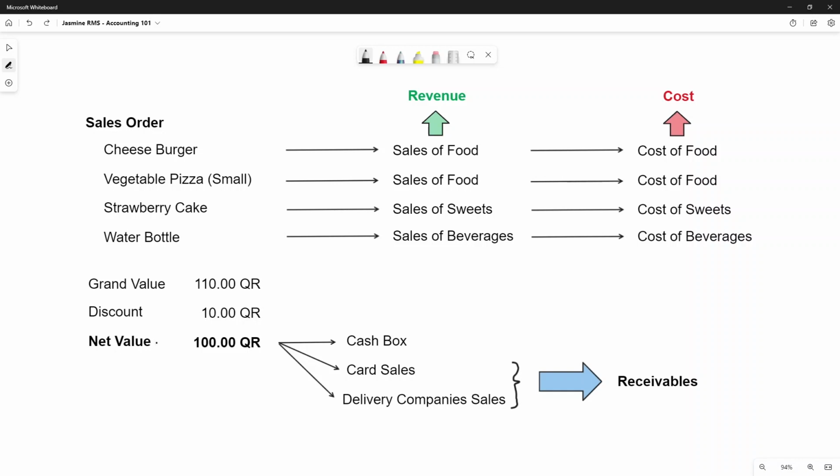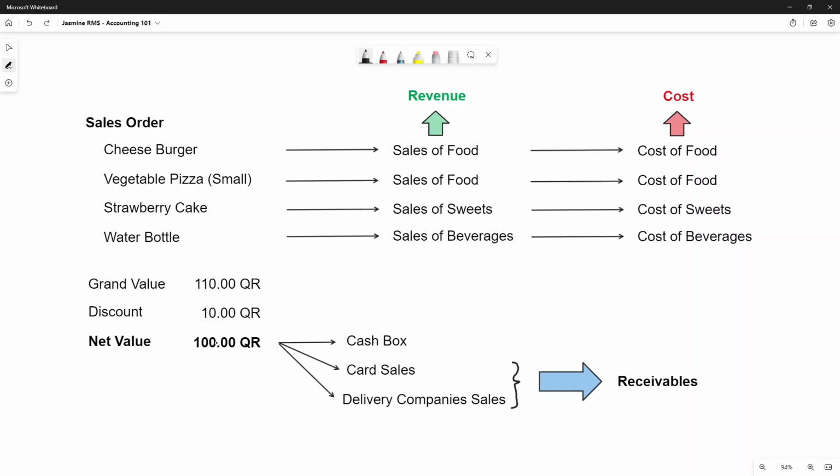The net value will come to us if we sell this order by cash, so it will come to the cash box. But if we sell this order using a card, for example debit card or credit card, it will come to the card sales.